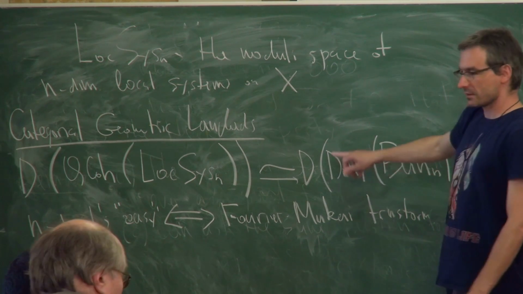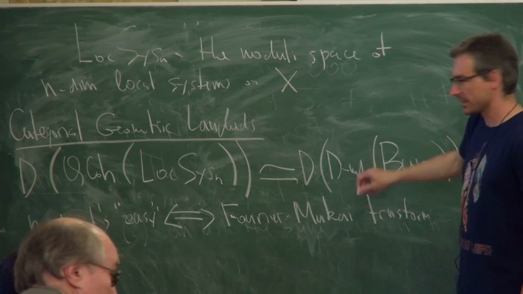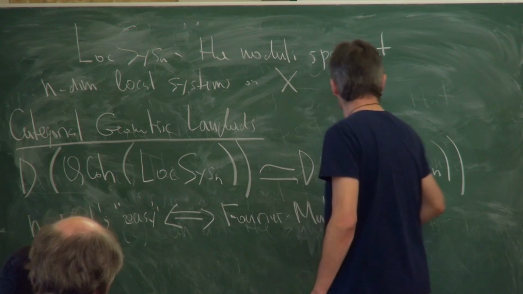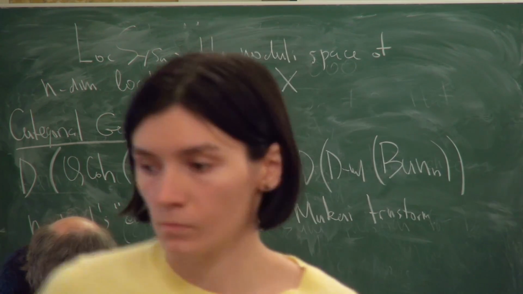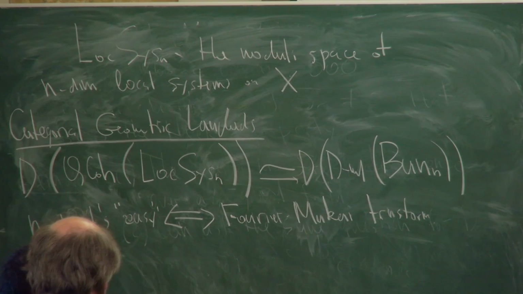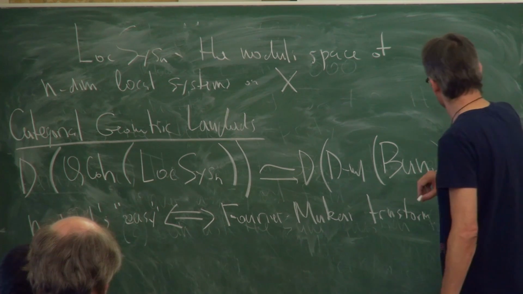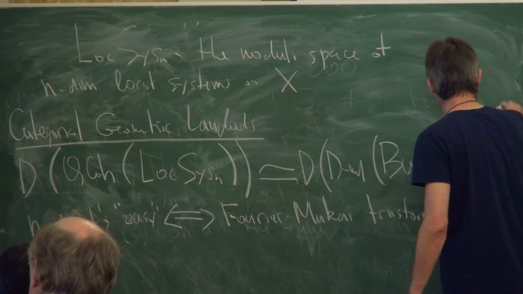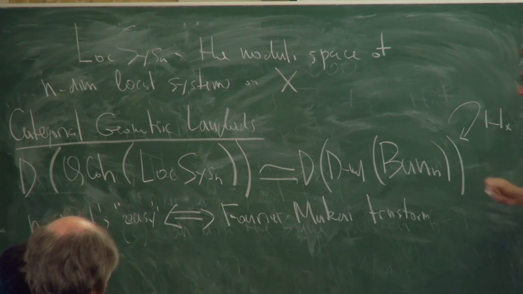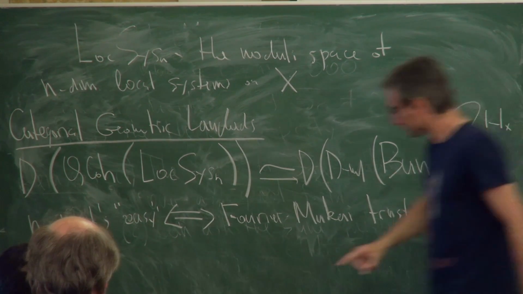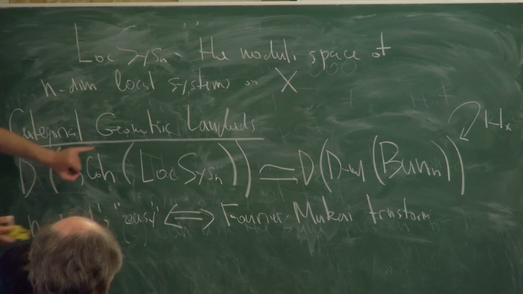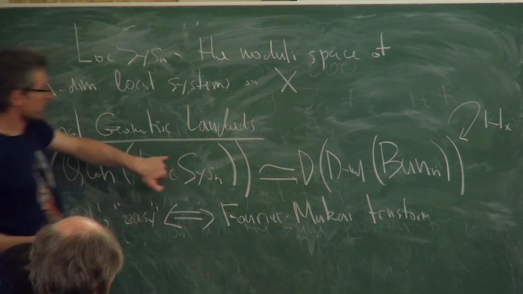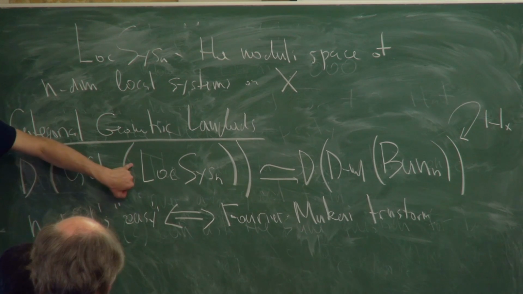There are functors that act on the right-hand side. For every point x, let me do it not in families, there are these Hecke functors that I introduced here. The claim is that under this equivalence, these functors are supposed to correspond to some particular family of functors here, also indexed by points of the curve.